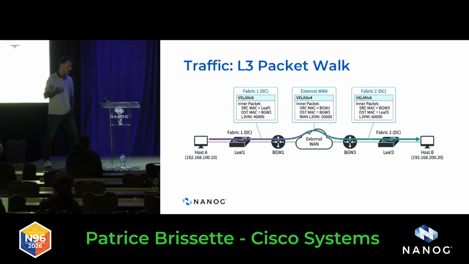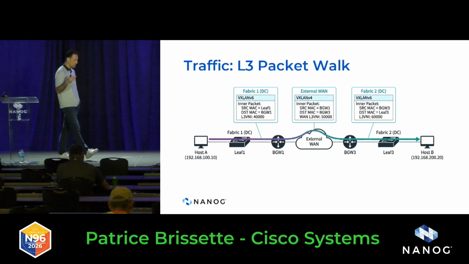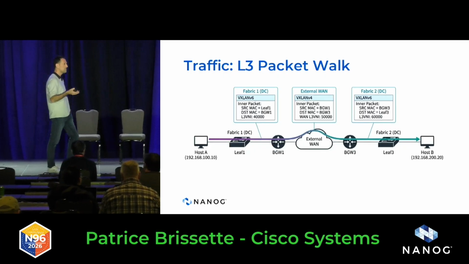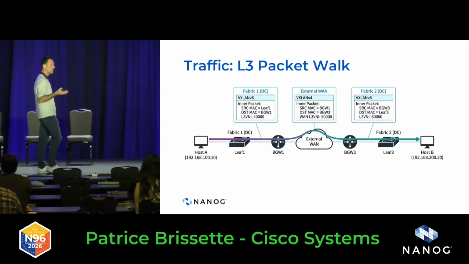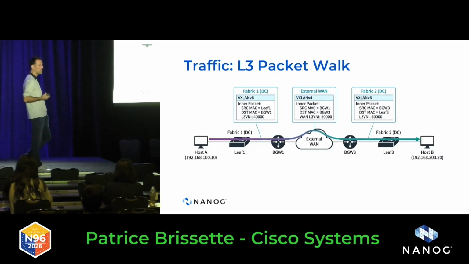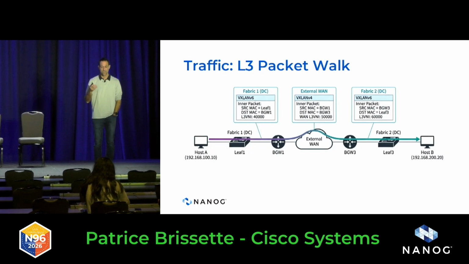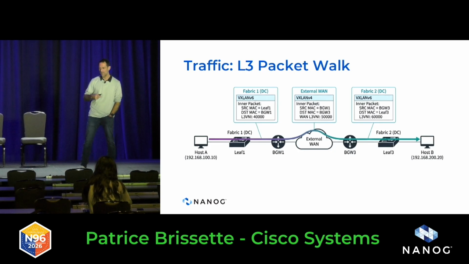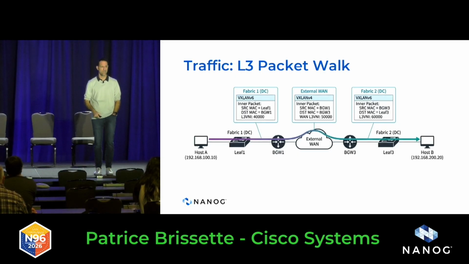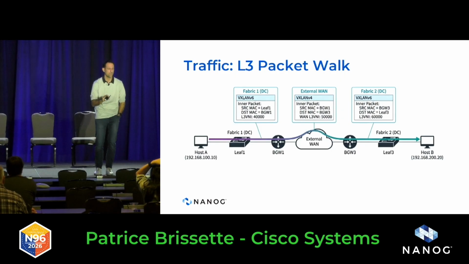So whenever you receive a packet, the first thing you check is the destination IP of your tunnel header, and you say, is it for us? Check. Yes, it's for me. Perfect. Where do I go? You look at the VNI value. The VNI value will give you a bridge domain. You're going to say, but Patrice, this is L3. Well, it's a dummy bridge. Who cares? It's just a purely forwarding construct.